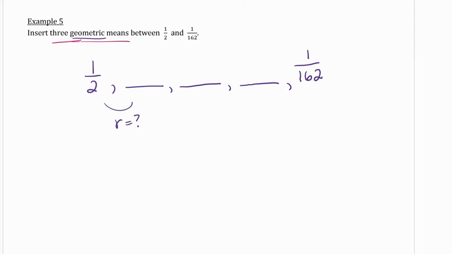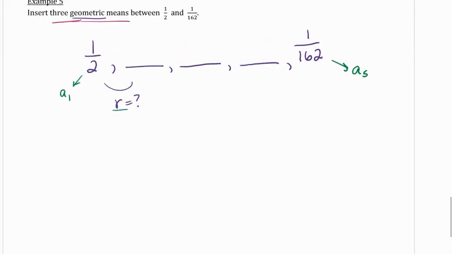And again, just like before, we know that this is our first term, and this would be our 1, 2, 3, 4, 5th term, 5th in the sequence. So again, we can plug stuff into that formula to try to find our common ratio. Just remember that this time it's geometric. So our formula this time is that a_n equals our first term times the common ratio to the n minus 1 power.